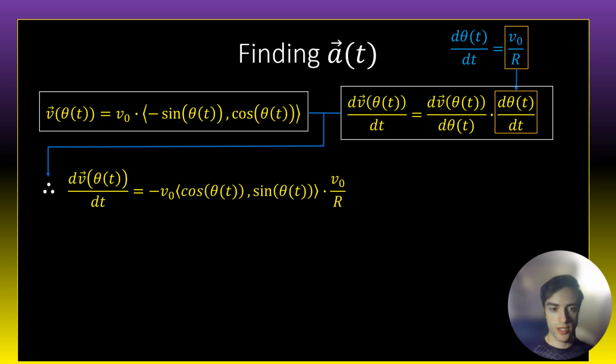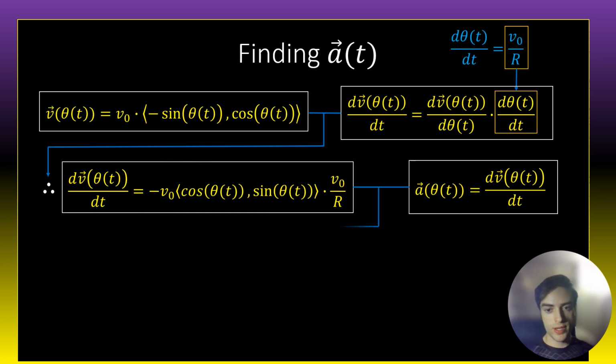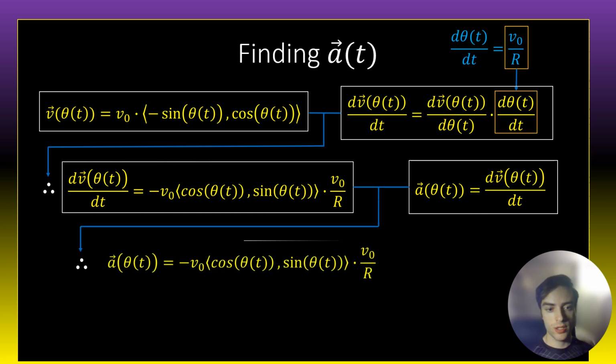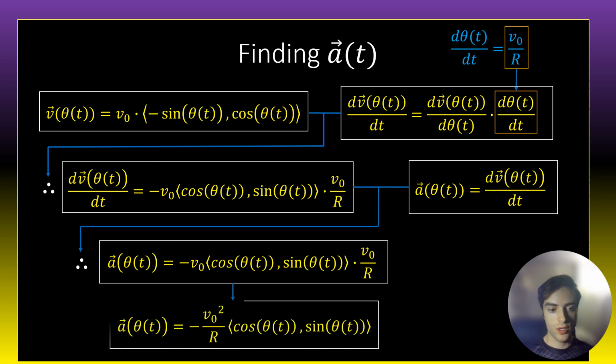We obtain this, and we know that dv by dt is actually equal to the acceleration. So we make the following conclusion, that the acceleration is equal to negative v naught squared over r times that's one vector that is a circle, the unit circle, actually.